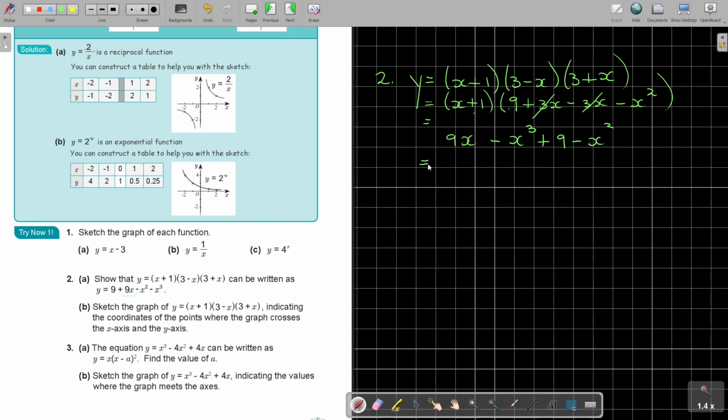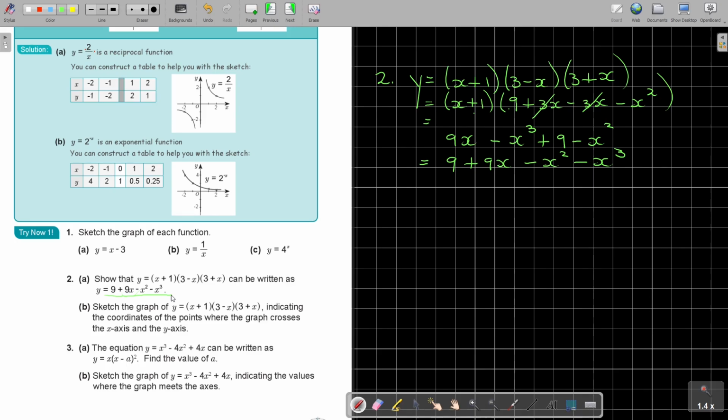Now I can just arrange it from the number. So it's 9 plus 9x minus x squared minus x to the power of 3. And if I look, it's exactly as it stands there. So I must come to that answer, not use it.